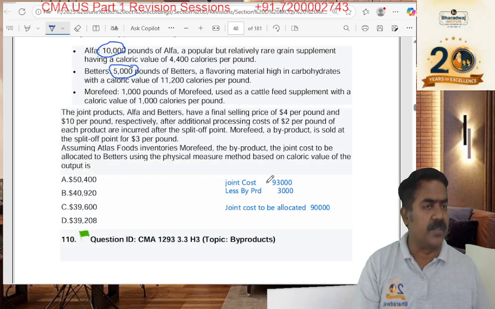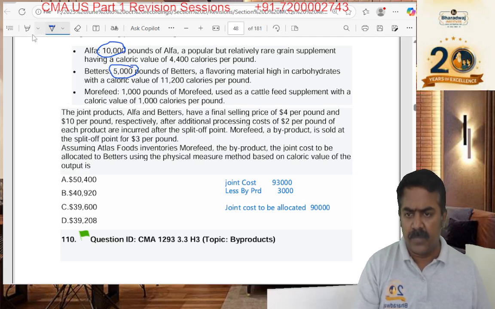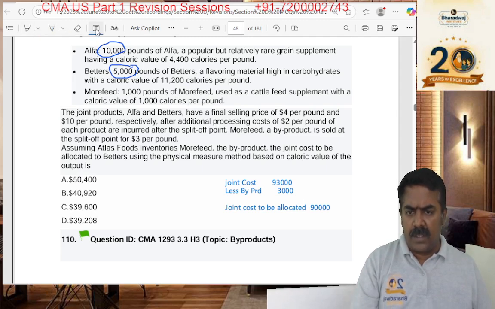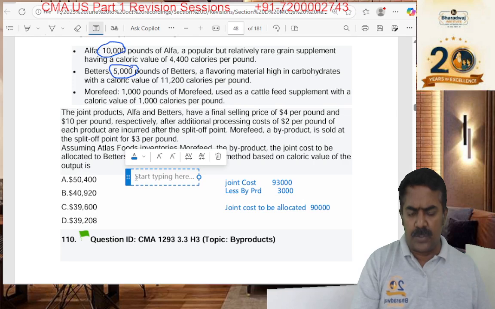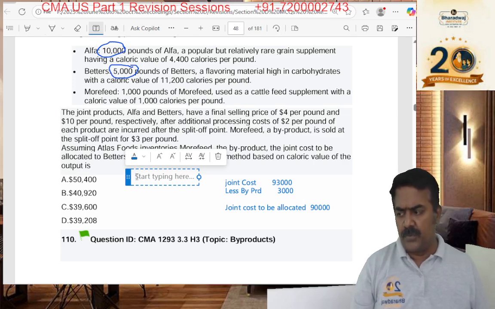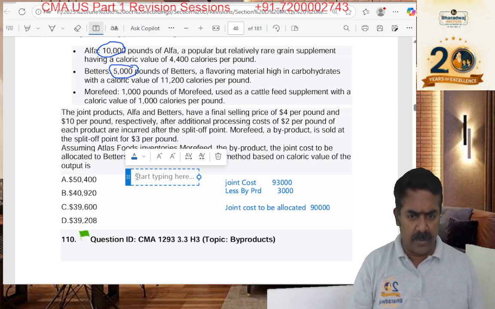Next one is based on physical measure. So allocated to which one? Based on caloric value. So it will be 10,000 into 4,400. How much will it be? 10,000 into 4,400 will be like 44 lakhs.